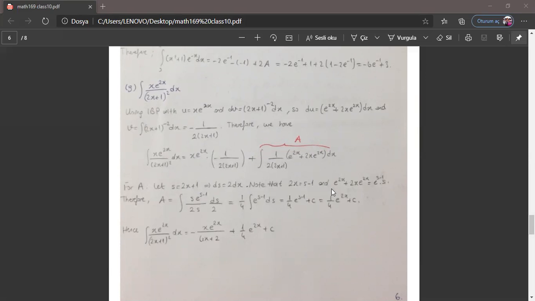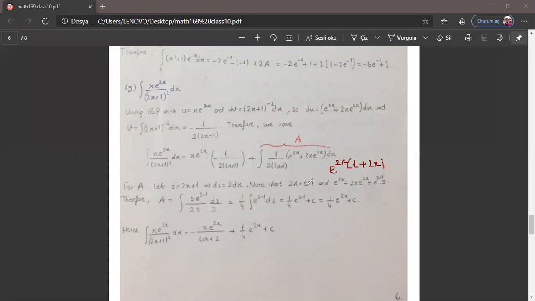Okay, it's easy. And e to the 2x plus 2x e to the 2x is equal to, here in the parentheses of e to the 2x, you can rewrite this in this form.